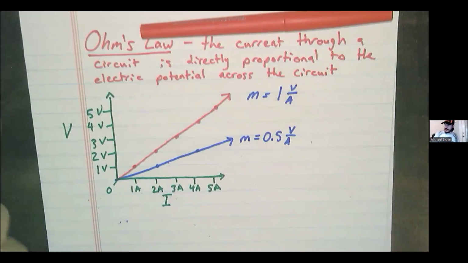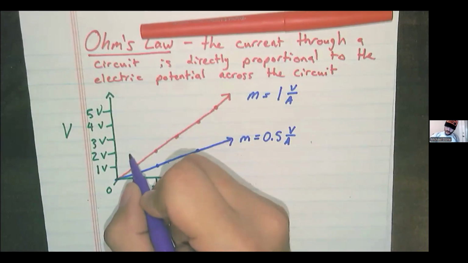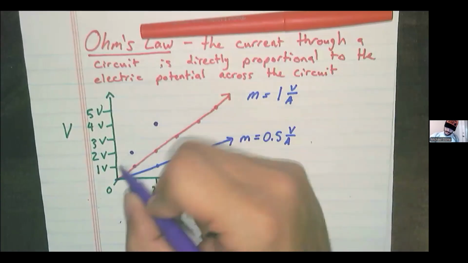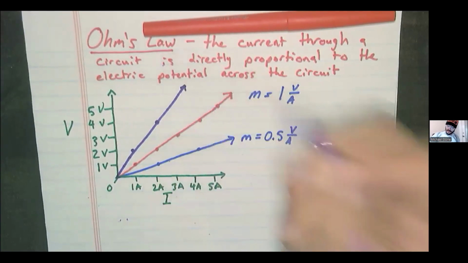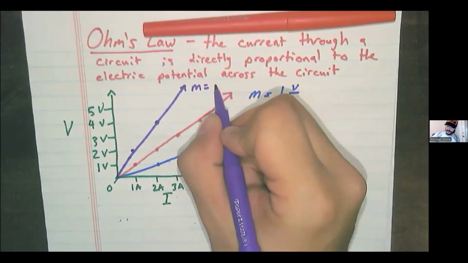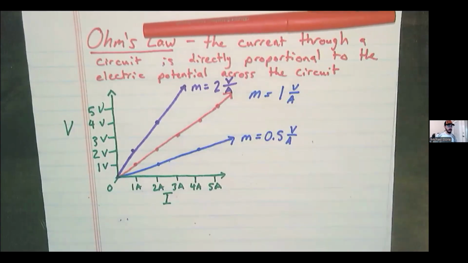Then we try one last time with yet another circuit. So we take our variable voltage source, we take our ammeter to measure, and with 2 volts, we get only 1 amp. With 4 volts, we get only 2 amps. And in this case, the slope of that line, it takes 2 volts per ampere.